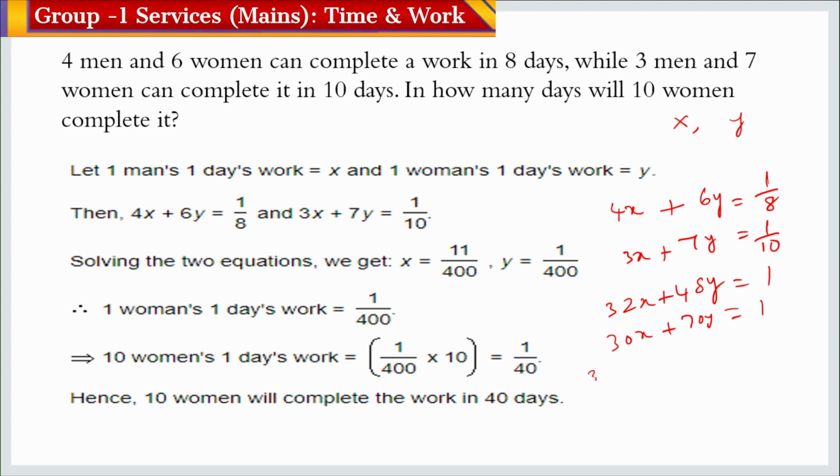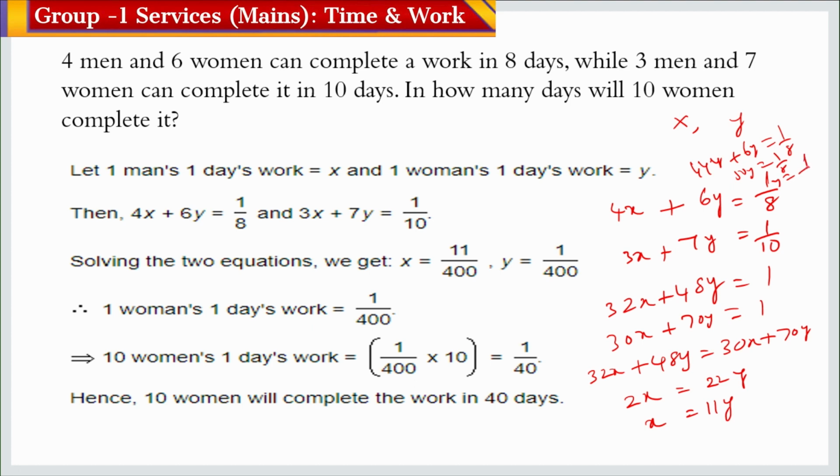When you compare, 32x plus 48y equals 30x plus 70y, so 2x equals 22y, and x equals 11y. Substituting this, 44y plus 6y equals 1 by 8, means 50y equals 1 by 8, y equals 1 by 400, and x equals 11 by 400.